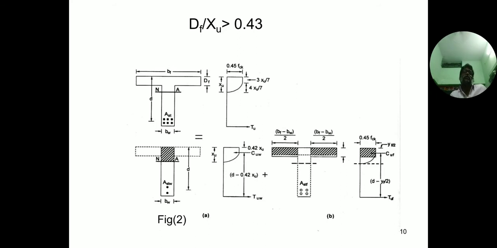Draw the sketch. DF must be more than 4 by 3 XU, that is 3 by 7 XU.